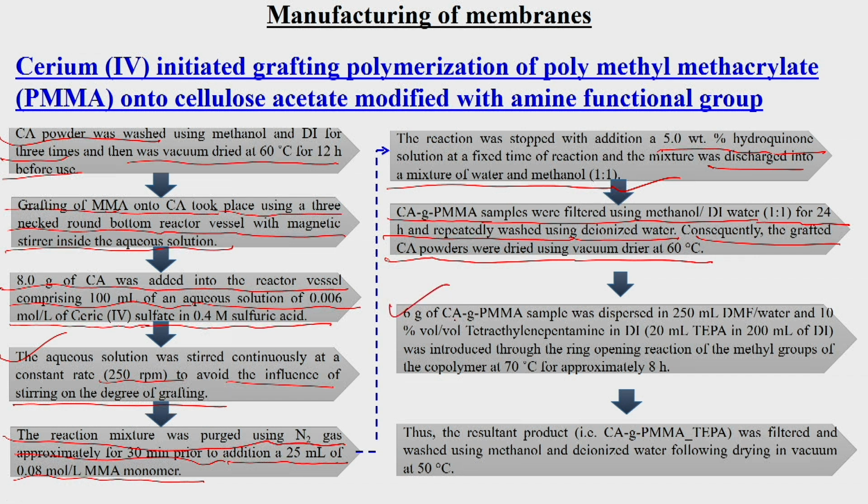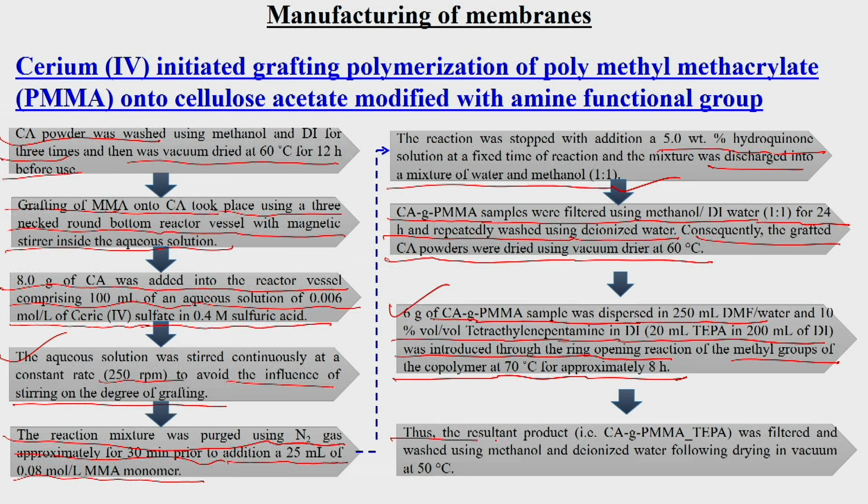Then 6 gram of the cellulose acetate grafted PMMA sample was dispersed in 250 ml DMF water and 10 volume percent TEPA in deionized water, which was introduced through the ring opening reaction of the methyl group of the copolymer at 70 degrees Celsius for approximately 8 hours.